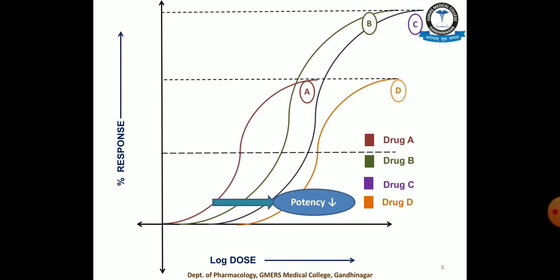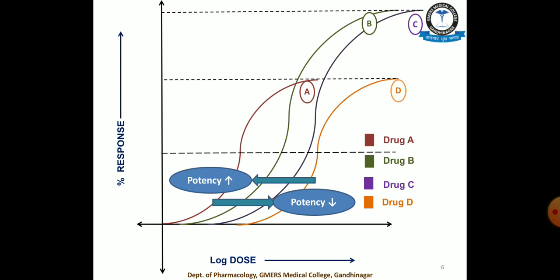So more amount is required to produce a certain response. So rightward shift means the drug is less potent, and the left shift, the drug is more potent. It means less amount of the drug is required to produce the response.